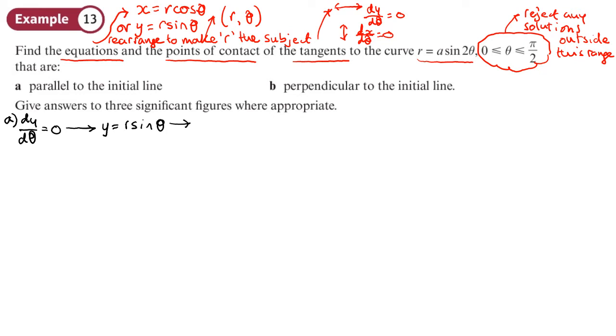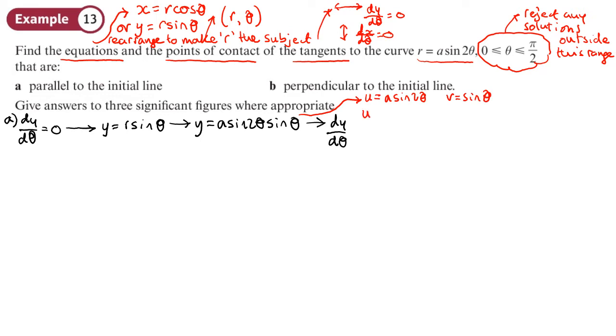Then from here, all we need to do is to substitute r for a sine 2θ, so y equals not r, but a sine 2θ sine θ. So we need to differentiate this, so we're going to find dy/dθ before setting it equal to 0. To differentiate this, we're going to use the product rule, with u as a sine 2θ and v as sine θ.